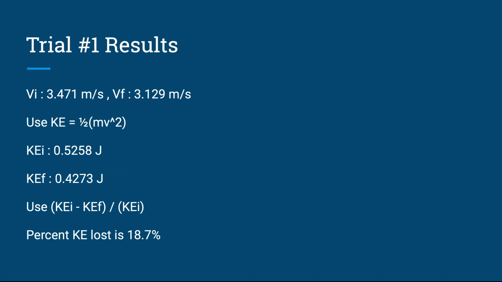So we found those two values, before the ball collided and after the ball collided with the ground, and we used the KE equation, 1/2 mv squared, and plugged that in to find the initial KE and final KE. And then we used KE initial minus KE final over KE initial to find the percent lost. And we found that it was 18.7% KE lost after the collision.